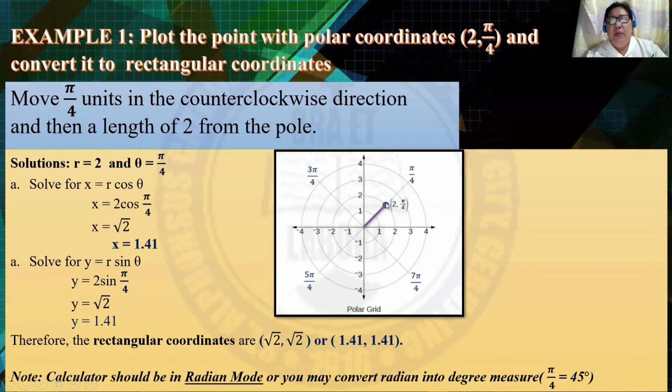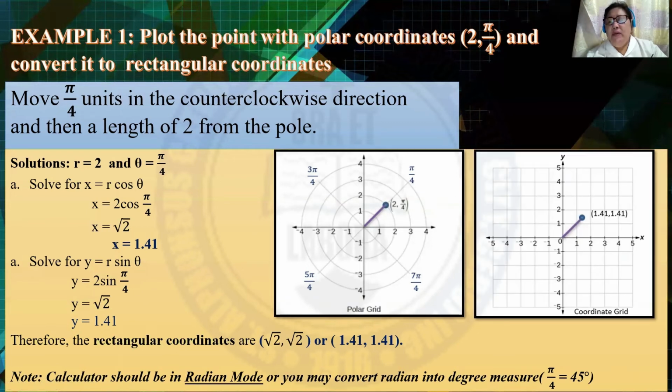And you mark a point, and this point now is the location of the polar coordinate 2, pi over 4. If you are using the coordinate grid, the rectangular coordinates, we have 1.41 and 1.41. So just locate 1.41 for x and 1.41 for y. And the point is exactly located here.